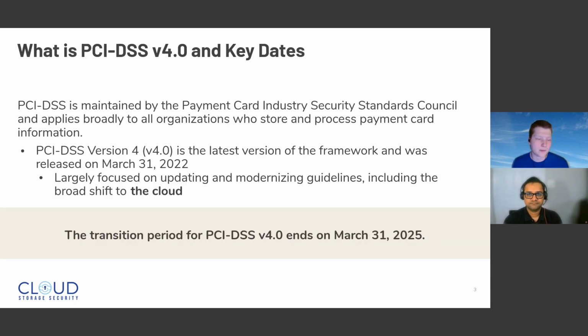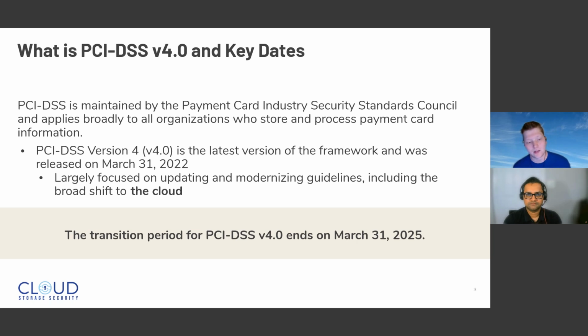So we'll start a little bit with what PCI DSS is, as well as some key dates. It's maintained by the Payment Card Industry Security Standards Council, and it applies broadly to all organizations who have any sort of payment card information within their CDE. And we'll cover that definition later. Version 4 is the latest version, and it was released to the public on March 31st of 2022.